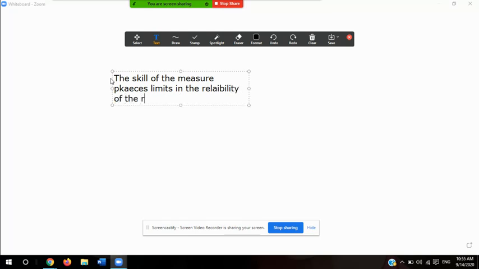What this statement is trying to say is that basically the skill, how well someone knows how to use an instrument, will always limit the reliability of the results.